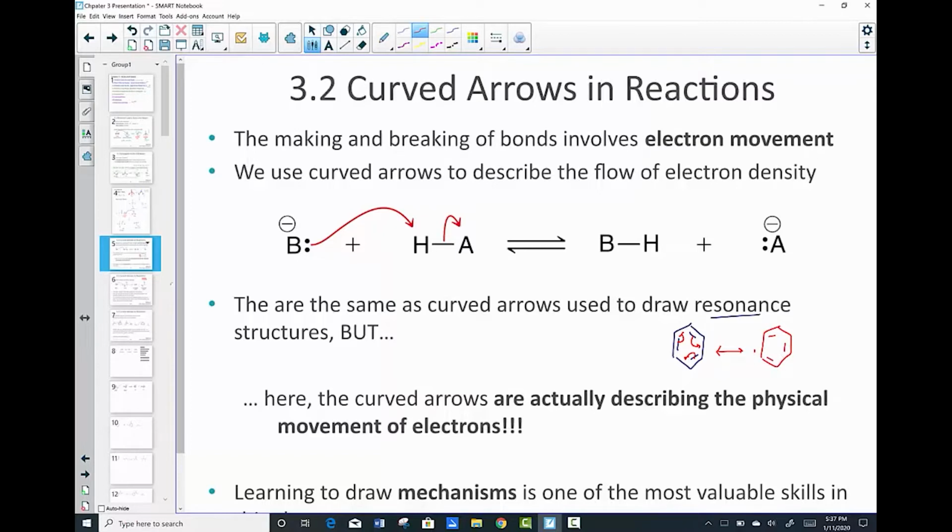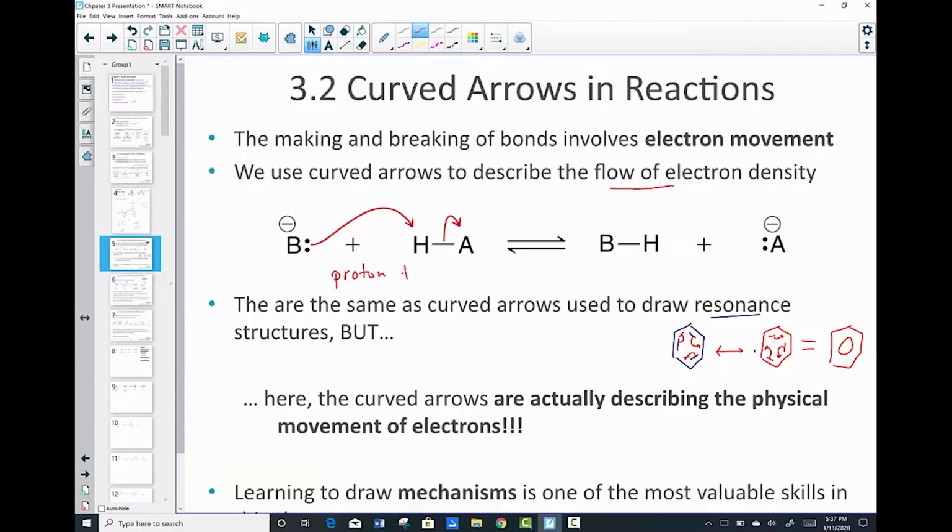And we said really that this could be represented as an equivalent structure with delocalization by just placing a circle. But notice that the arrows are being used to represent electron flow in a resonance structure. We're doing the same thing. The arrows are representing electron flow. We're using them to represent a proton transfer, which is actual chemistry, right?